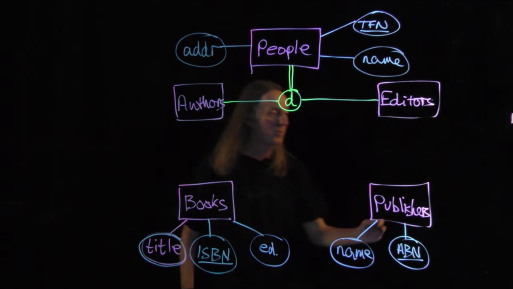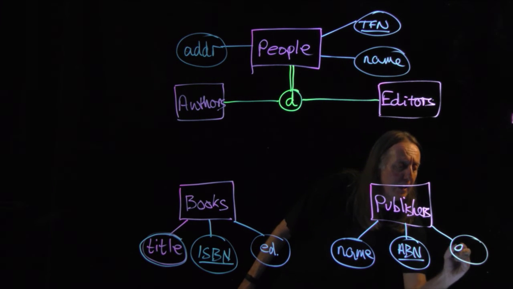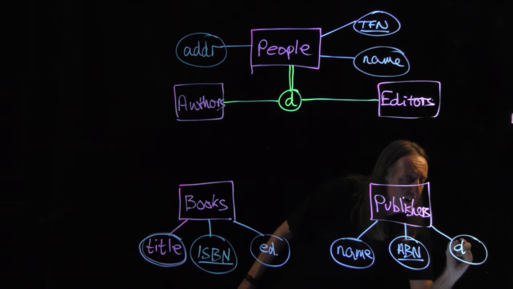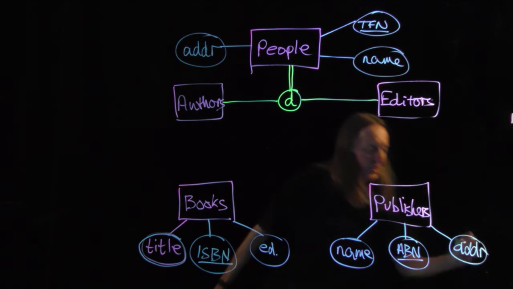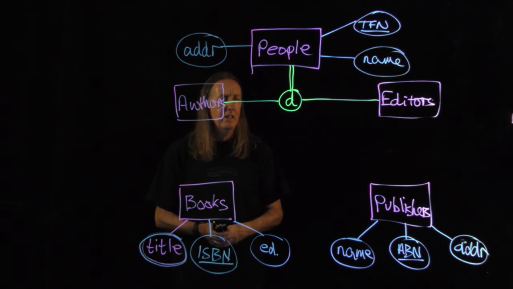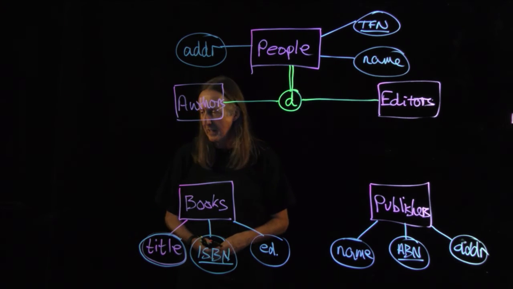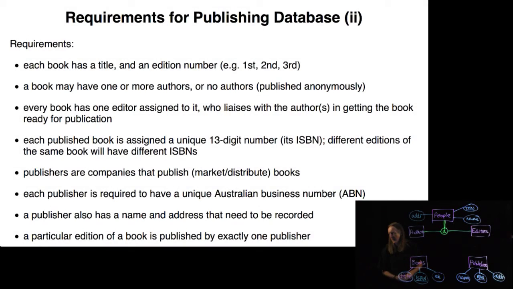And publishers are probably located at a particular place, so we can have an address for each publisher. Okay, so I think that's everything that was on the requirements. Okay, so some relationships.